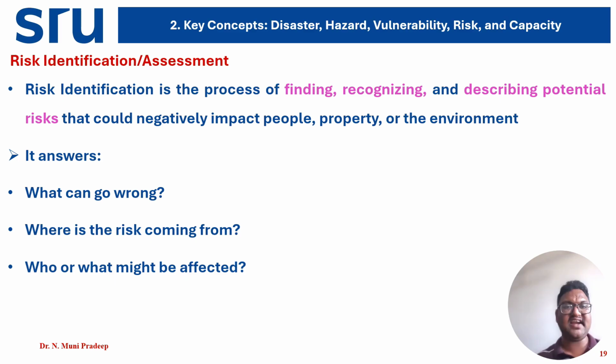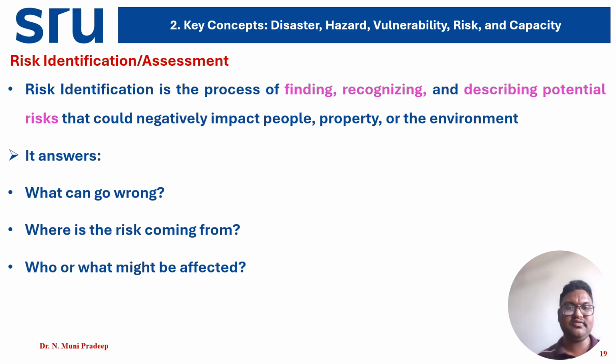Once risks are identified, they are assessed, meaning their probability and potential impacts are quantified. A risk with high probability and high impact is the top priority for mitigation action. So before we draw up the mitigation action, we have to find out the risks with high probability and high impact. Now I'll explain one case study.